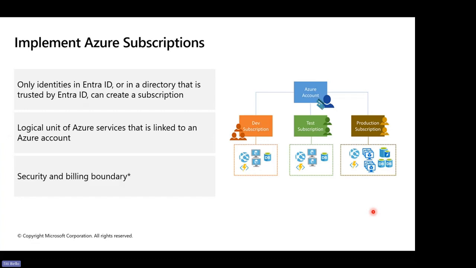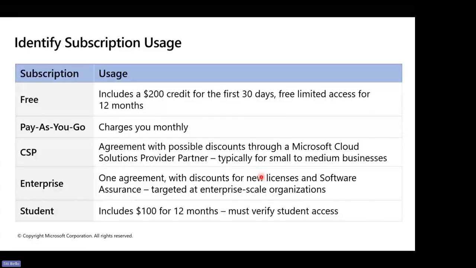Moving on, now there are different types of subscription and usage reasons. We have the free subscription type. The free one is the one you sign up for a 30-day trial using your credit card. You have to put your credit card, and this 30-day trial gives you access to $200 worth of credit that you can use to test things, run virtual machines, run every kind of service that is available.